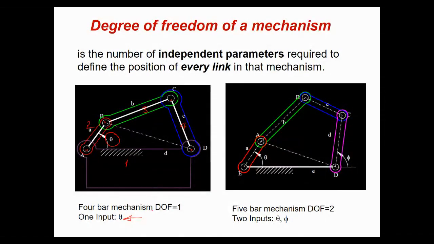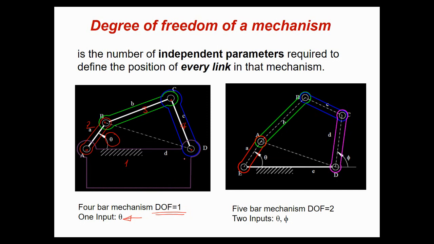So the degree of freedom of this mechanism is 1. The degree of freedom of a mechanism is the number of independent parameters required to define position of every link in the mechanism.